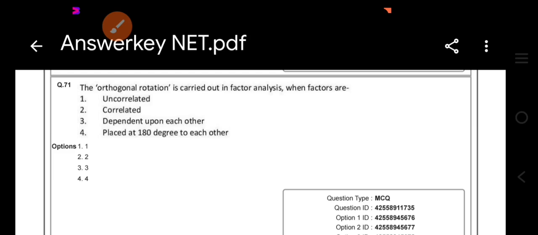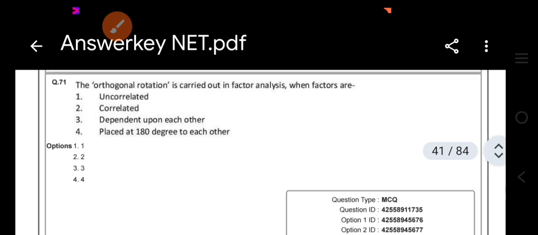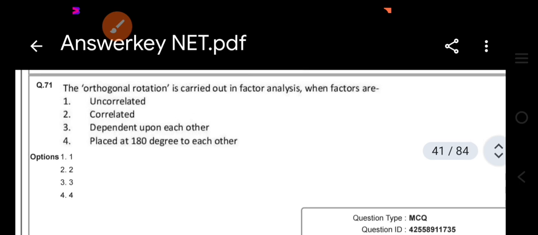Now I am going to start the further questions. Question number 71: the orthogonal rotation is carried out in factor analysis when factors are uncorrelated, correlated, dependent upon each other, or placed at 180 degrees to each other.